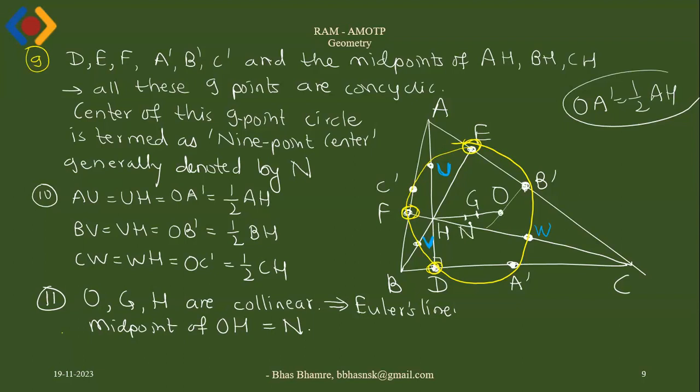Then it is also clear that the midpoint of OH is the 9-point center, and here OG is to GH as 1 is to 2. Moreover, we have OG is to GN as 2 is to 1. That's obvious.